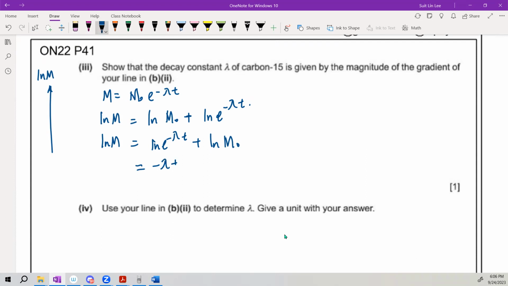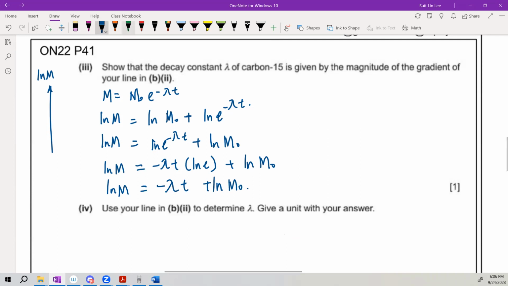I can bring down lambda t, ln e plus ln M naught. Do as many or as little steps as you need. Negative lambda t plus ln M naught. So once you reach this equation, y is equal to mx plus c.